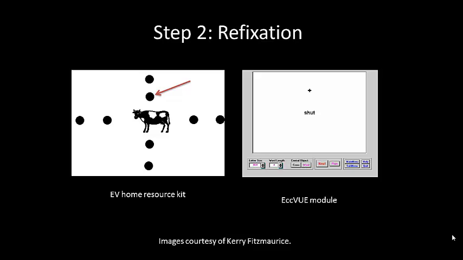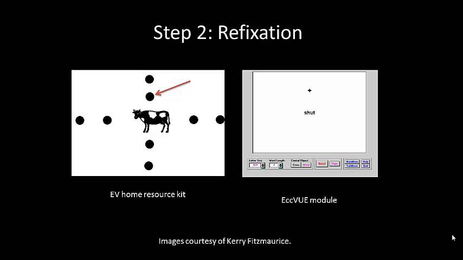Make that dot disappear, meaning place the scotoma over that dot, and then hopefully they'll be able to see the cow using their trained retinal locus. That's using the Eccentric Viewing Home Resource Kit, which has these different cards with different objects on them. That's one method of training refixation.